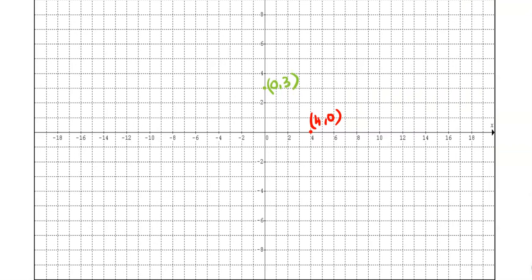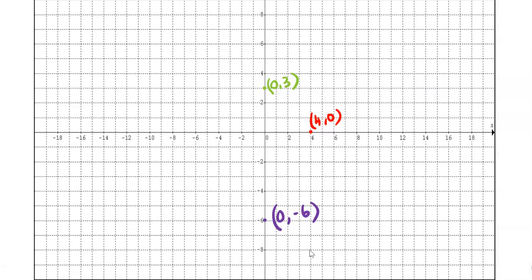Right here I have 0 for x, so let me move the pointer to the origin. This is the 0. How do I get to the negative 6? I just go straight down, and there is my negative 6. So it will be 0 for x, negative 6 for y.